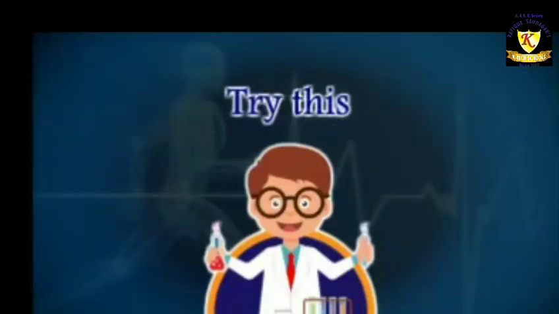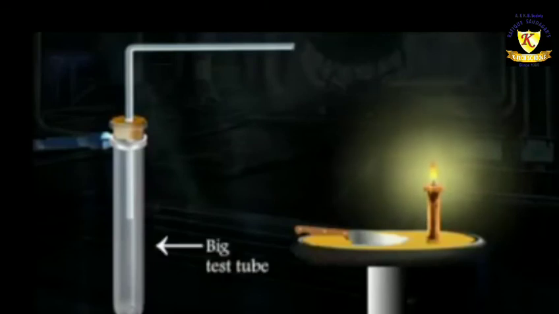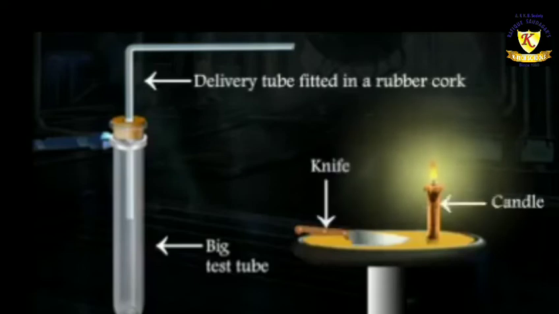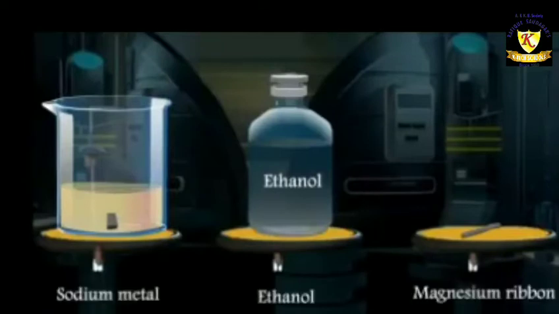Try this, children. This activity should be done carefully. The apparatus required: big test tube, delivery tube fitted in a rubber cork, knife, candle, etc. Sodium metal, ethanol, magnesium ribbon, etc. are the chemicals used.